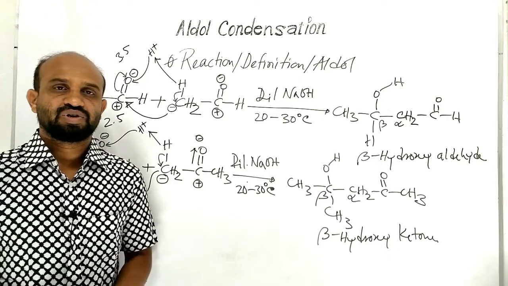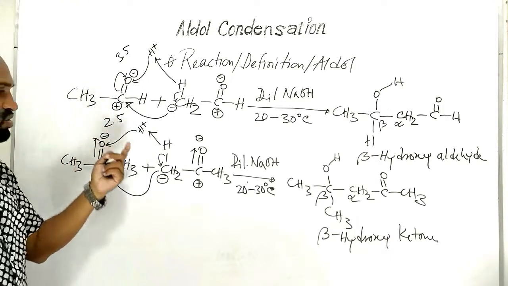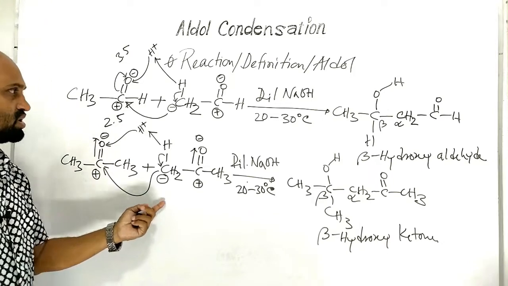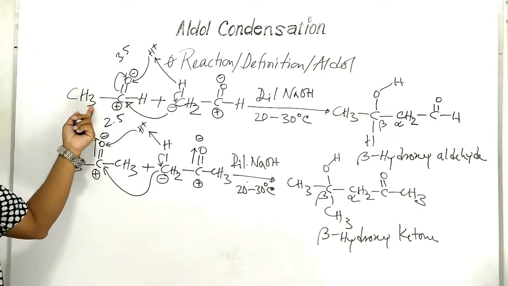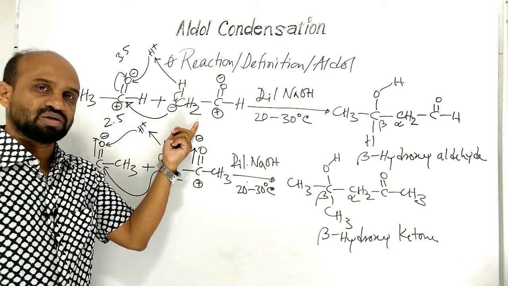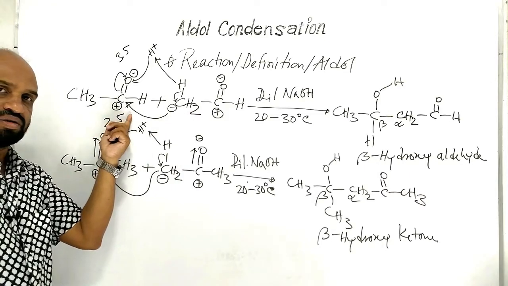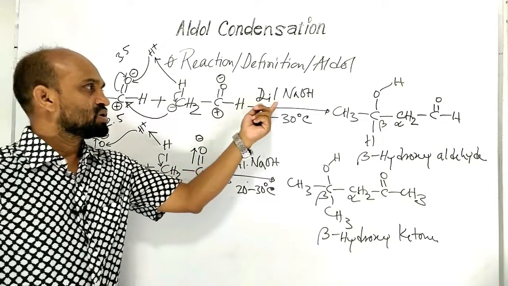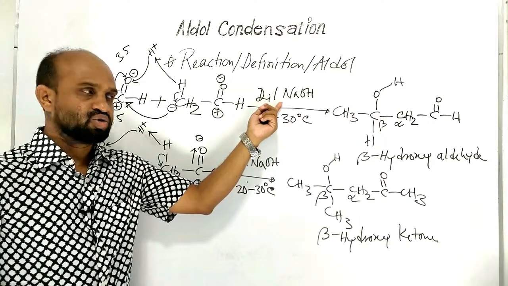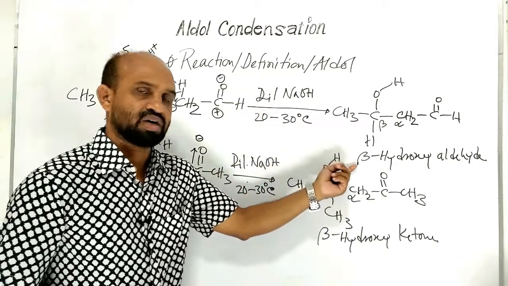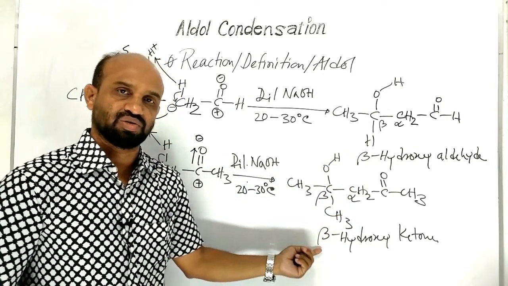Let's see the definition of aldol condensation. Aldehydes or ketones having alpha hydrogen atoms undergo condensation by nucleophilic addition in presence of dilute sodium hydroxide, dilute alkali, to form beta hydroxyaldehyde or beta hydroxy ketone.